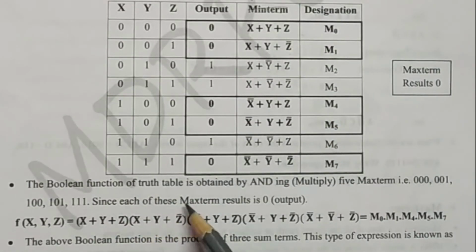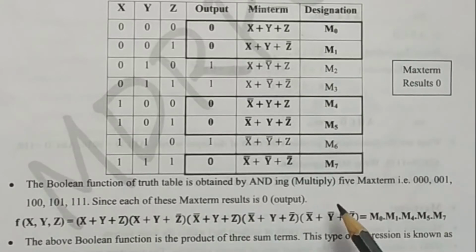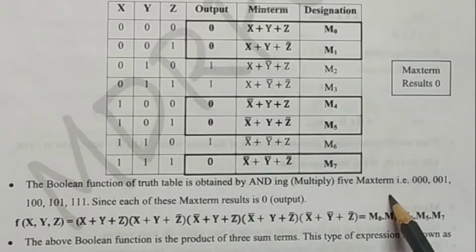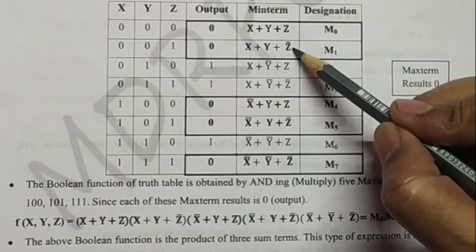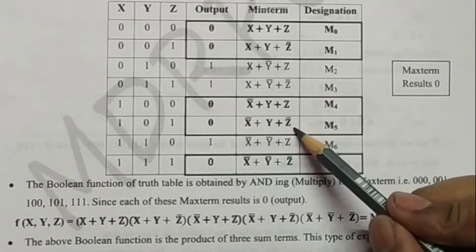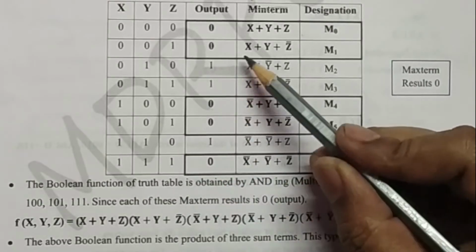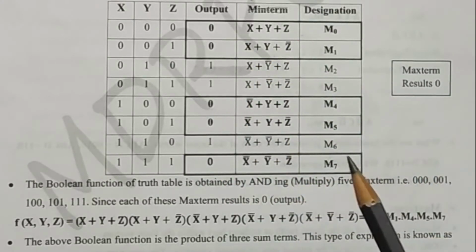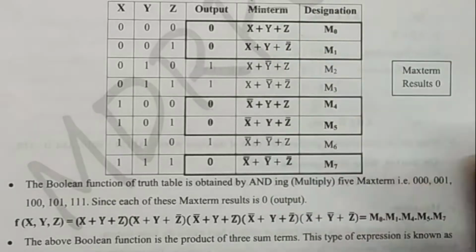The Boolean function of the truth table is obtained by multiplying 5 max terms. So they have taken this one, and this one, and this one, and this one. Wherever 0 is there, that they have selected. Okay, just for the assumption it is.